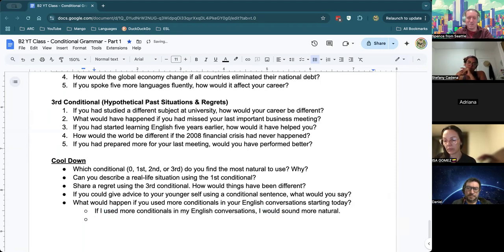I think that this would actually be a better one to use first conditional: if I use more, I will sound, because of course you guys are likely to go out and use this information. But I will share the recording with you. I will share the notes with you, and we may revisit this concept to reinforce and build on these ideas. Okay.